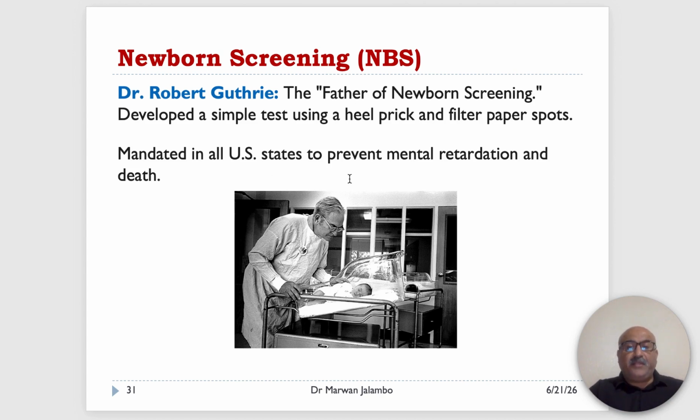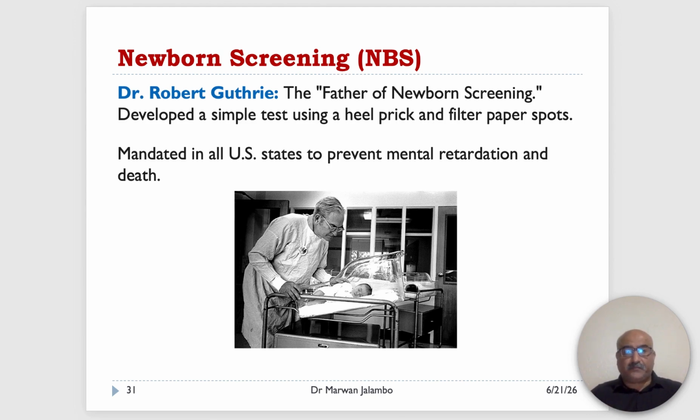In the 1960s, he developed a simple, brilliant method: pricking a newborn's heel and collecting a few drops of blood on a special filter paper. This allowed for rapid, cheap testing of metabolic diseases.